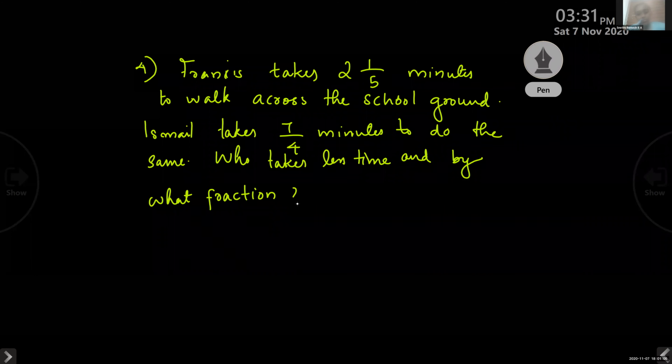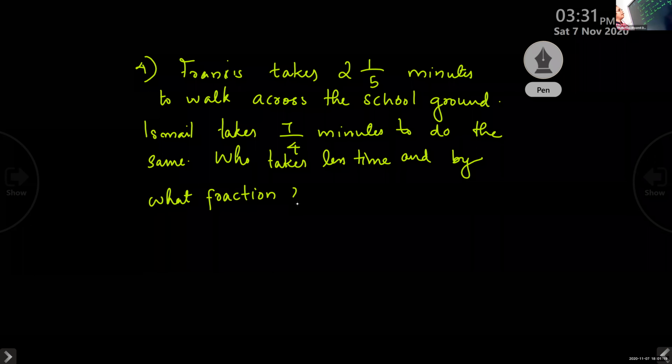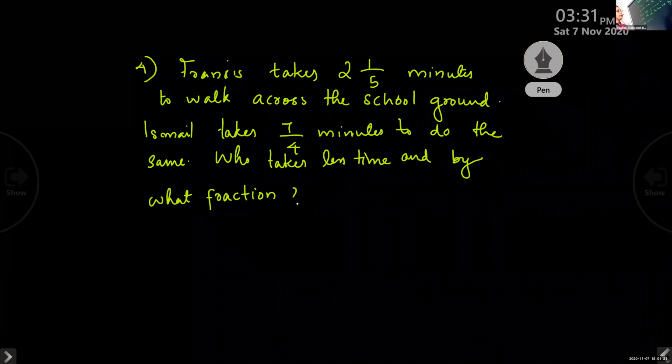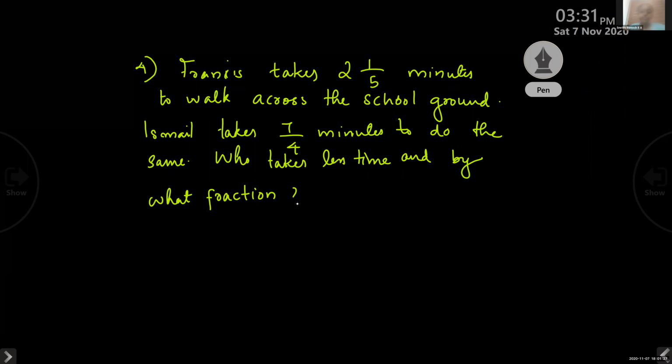Ma'am, we need to convert it only if we get the answer as an improper fraction, right? Now you don't do it. If you want, you can convert it, or otherwise no need. Okay, ma'am.